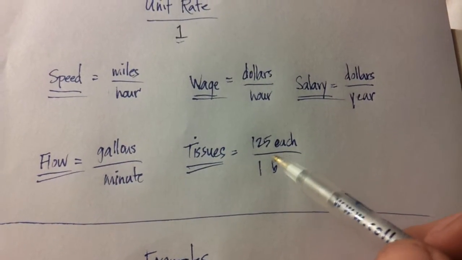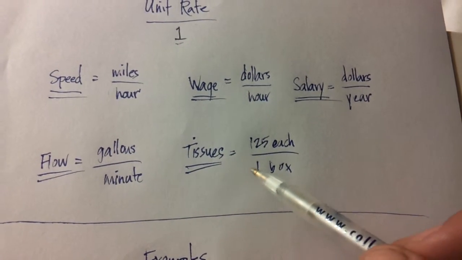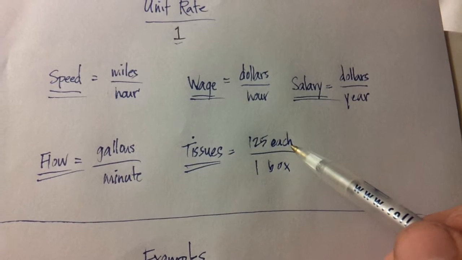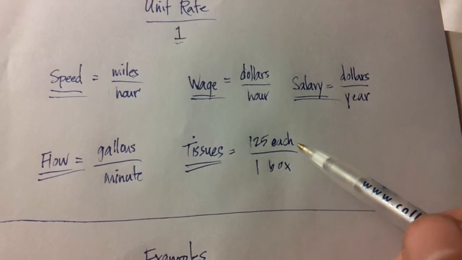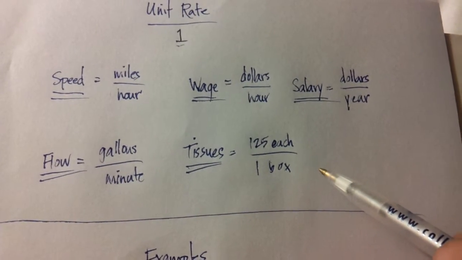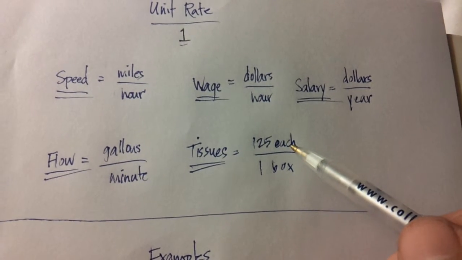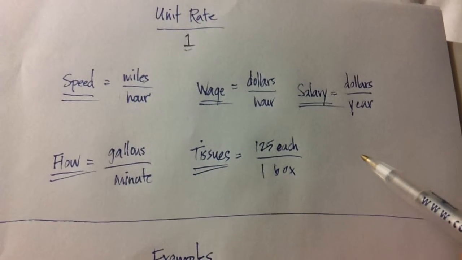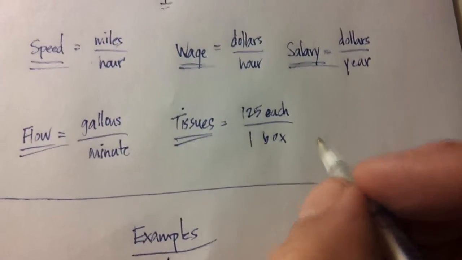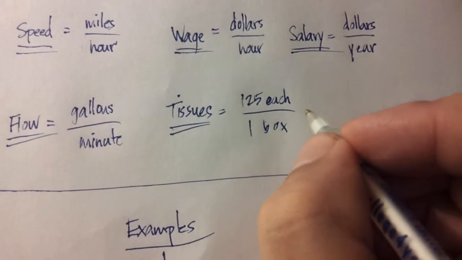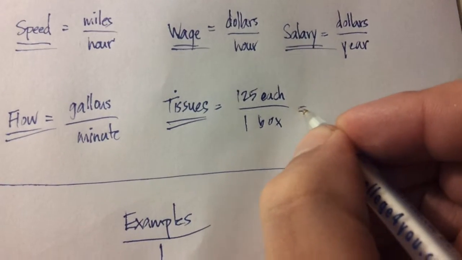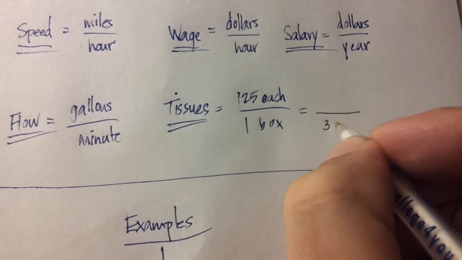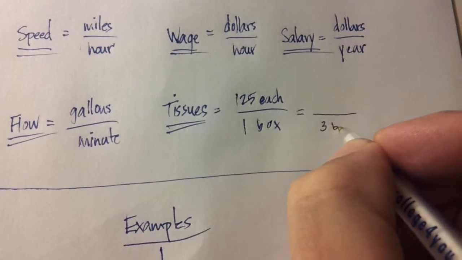Now, other things are sold at a unit rate. Let's say that you buy a box of tissues, and for every box of tissues, in one box, you get 125 tissues. So you know that if you bought 3 boxes, you'd get 3 times 125, which is 375 tissues. What we're going to do on the examples in a second is set it up and say, in one box there's 125, so in 3 boxes.